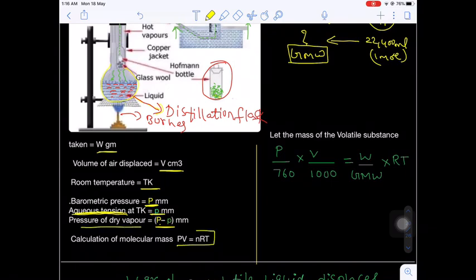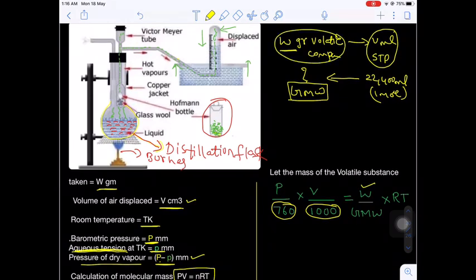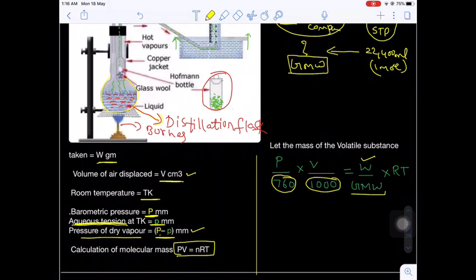So we know from the ideal gas equation that PV is equal to nRT. Pressure is generally in mm, so we are converting into atmosphere by dividing by 760. Volume is in centimeter cube or milliliter, so dividing by 1000 we get liters. Weight of the compound we know, how much compound we have taken here. The gram molecular weight of the compound is the question mark.